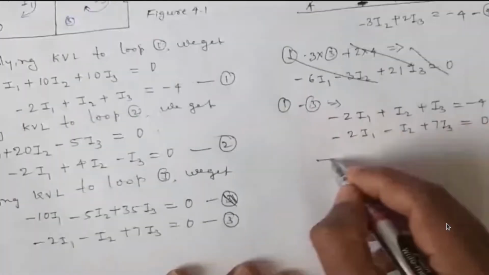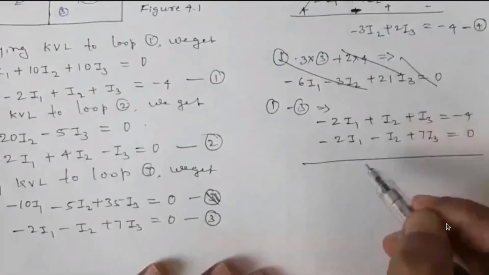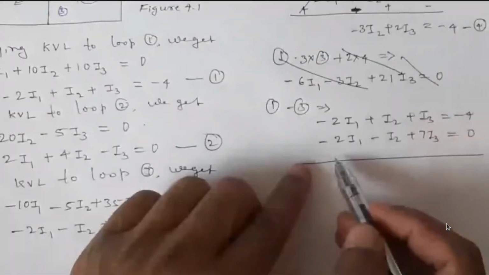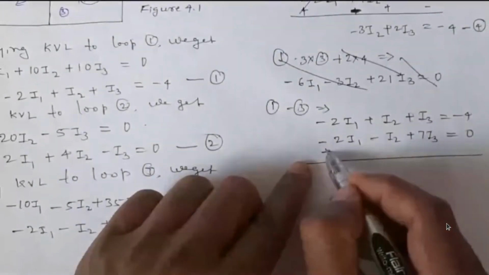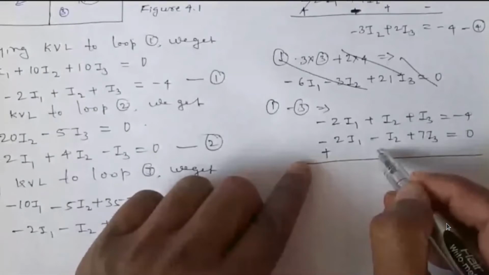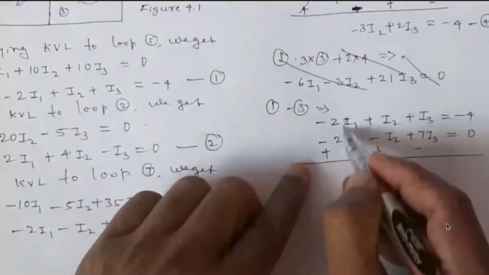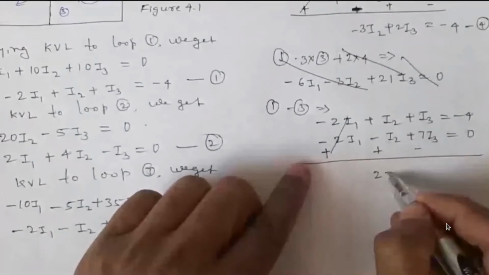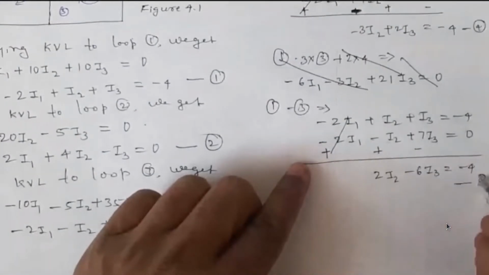Now if you see, I1 will get cancelled. This becomes plus, this becomes plus, and this becomes minus. And this is 2 I2 minus 6 I3 is equal to minus 4. Call this equation number 5.